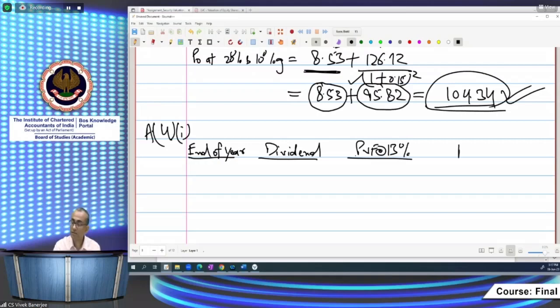And then the PV, that is the present value. First year, second year, third year. Okay. First year dividend at the beginning, 14. So we'll multiply it by the growth rate, which is 9%.